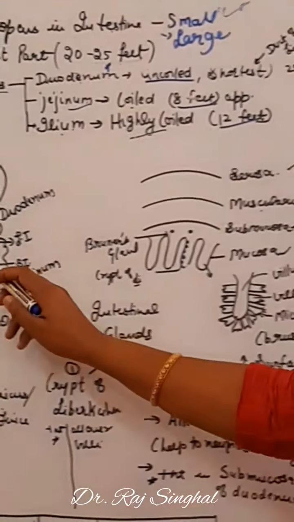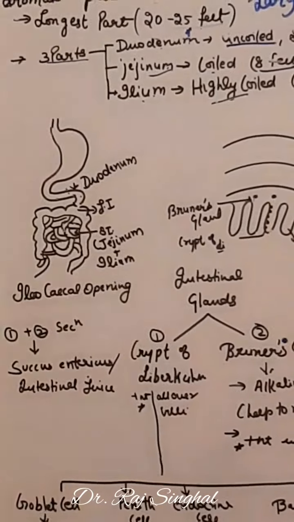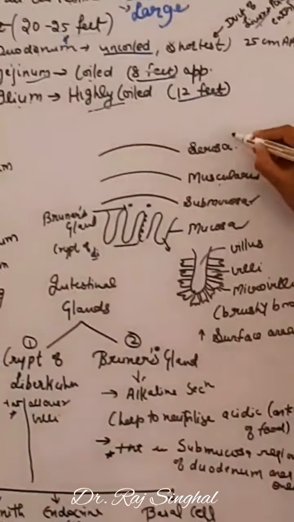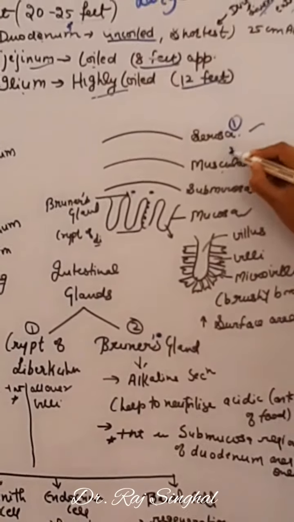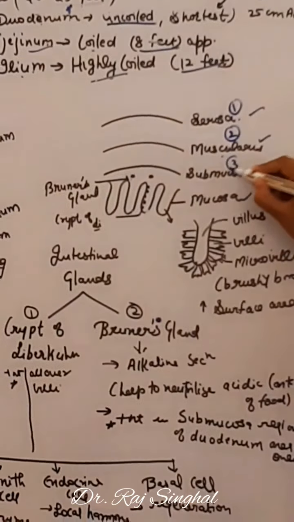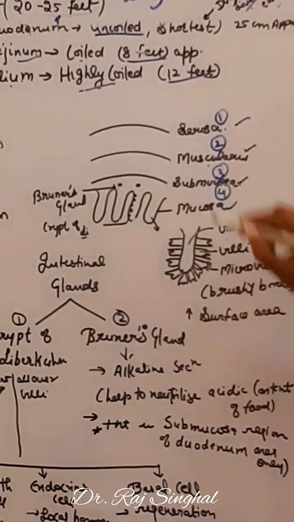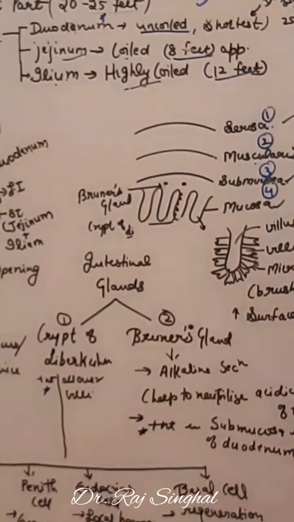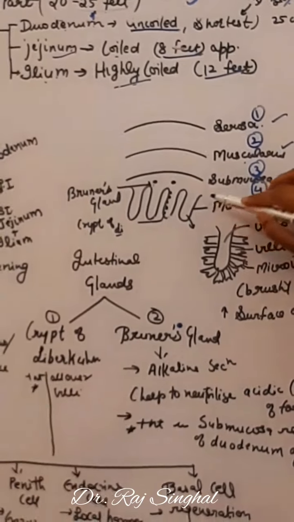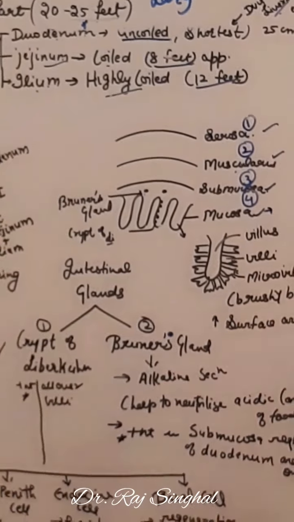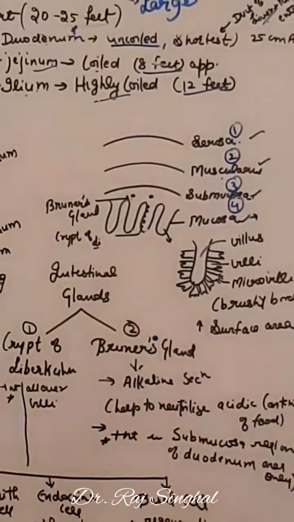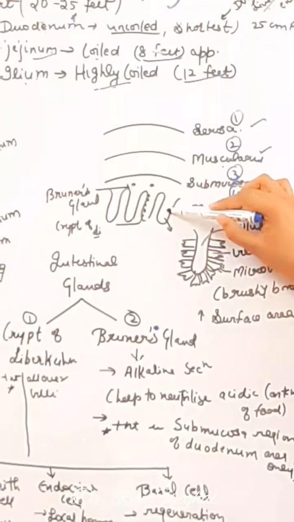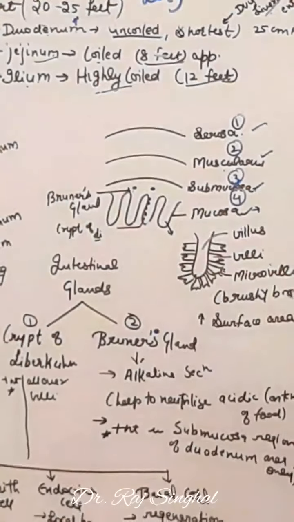Histologically, if we study the wall of intestine, it consists of 4 different layers: serosa, muscularis, submucosa and mucosa. Mucosa performs an adaptation, that is, it has finger-like projections which are known as villi.